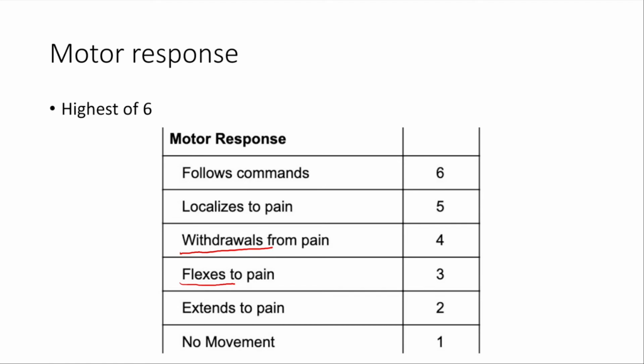How we differentiate this is very important to know: you keep the limb already flexed and then give the stimulus. If he extends, he's withdrawing to pain. If he continues flexing beyond however much it was already flexed, that response is flexes to pain. That differentiates between your score of 4 and 3. That is very important to know.